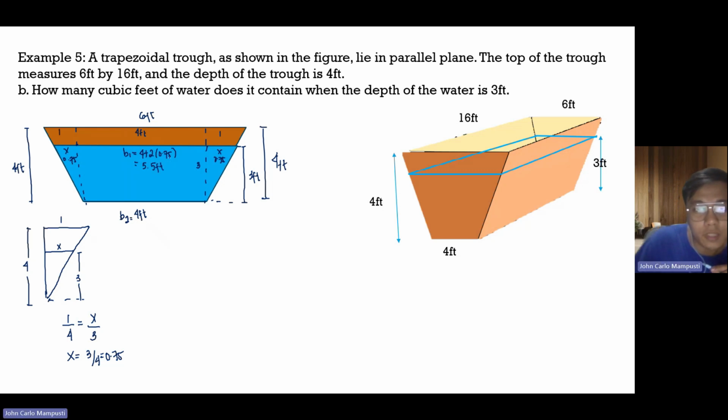So, pwede natin makuha yung area as well as the volume of the water. So, area natin, we have 1/2 base 1, which is equal to 5.5 feet plus 4 feet times height na 3 feet. 14.25 square feet. So, for the volume, this is equal to area ng base times length.